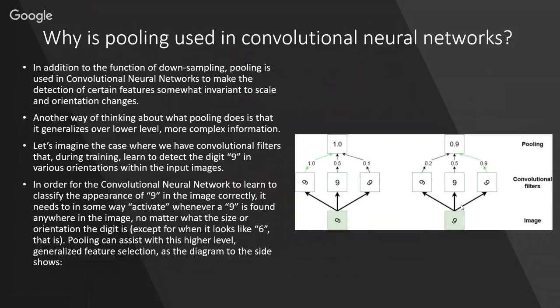In order for the network to classify the appearance of a 9 correctly, it needs some way to activate whenever a 9 is found somewhere in the image, no matter what the size or orientation of the digit is, except for when it looks like a 6, that is. Pooling can assist with higher level generalized feature selection, as the diagram to the side shows.